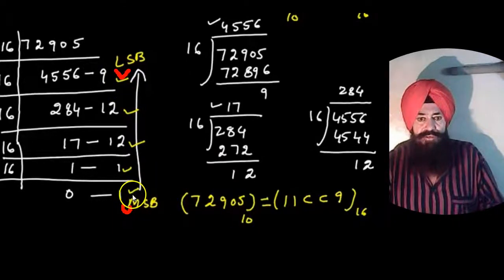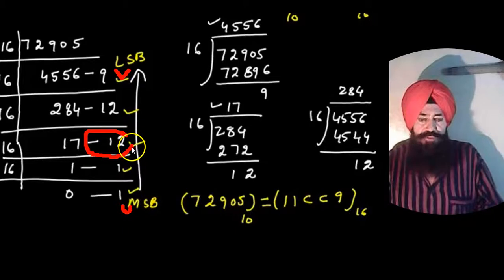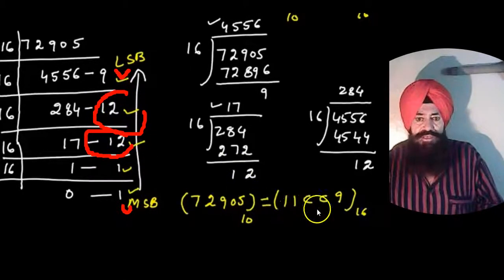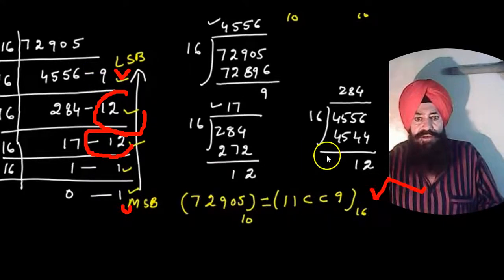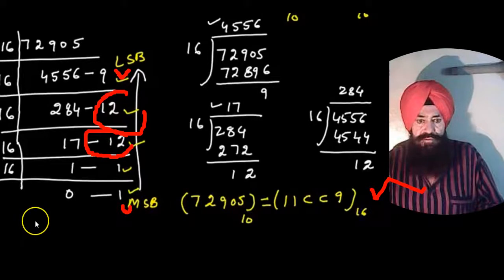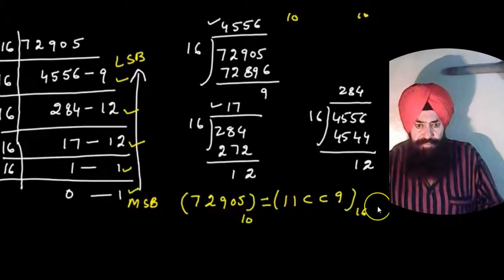The result is 1, 1, 12. Instead of 12, you'll write what? 12 represents C. So C, then 9, in the hexadecimal number system.